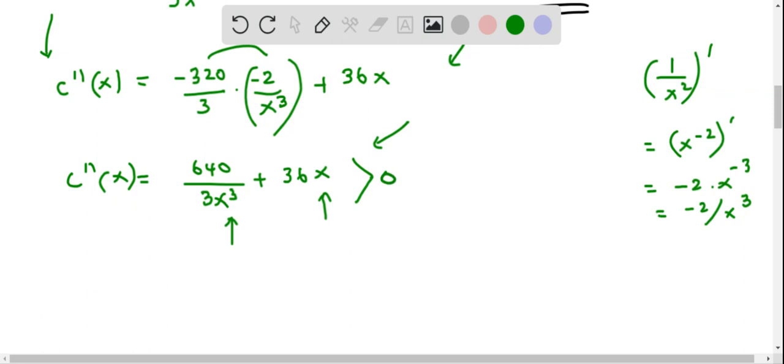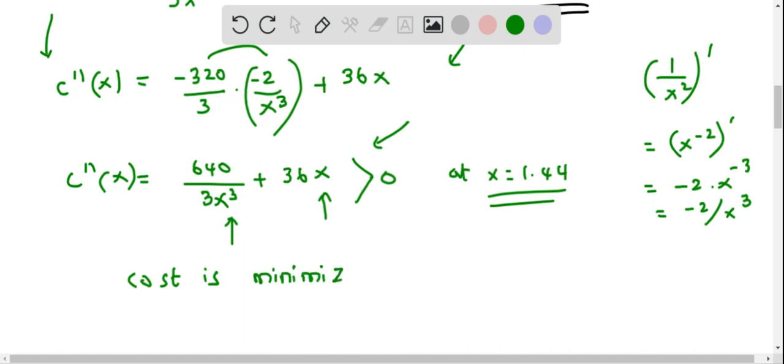Clearly this is greater than 0 at the value of x equals 1.44, and this confirms that according to the second derivative test, the cost is minimized. So we can say that cost is minimized at x equals 1.44 meter.